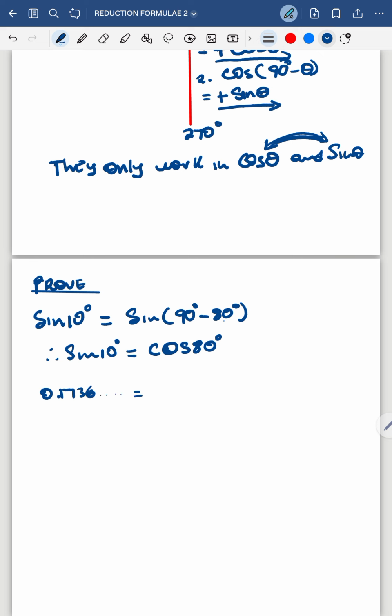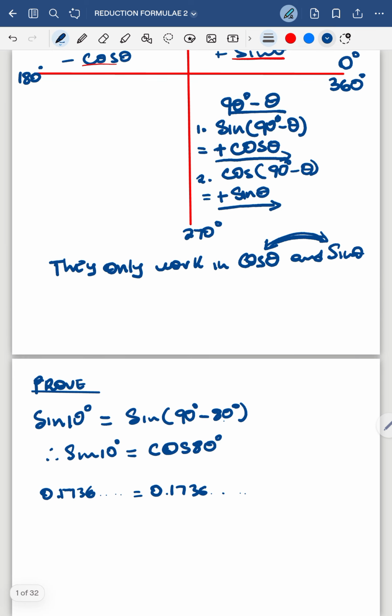Then again, if I press cosine 80 degrees, I will get the same answer, 0.1736 and so on.